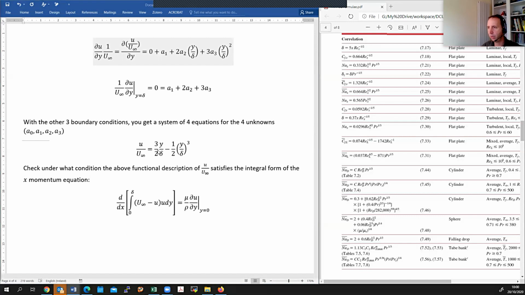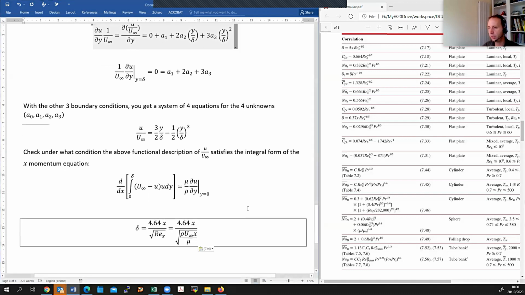It turns out that if you sub this here and here and here, you can solve it reasonably easily. It's not very difficult at all from a mathematical point of view, but you will find a single constraint or a single condition for delta, which is this one.